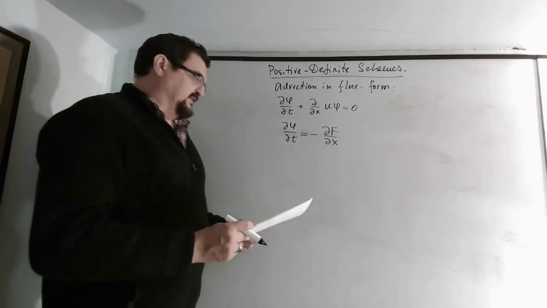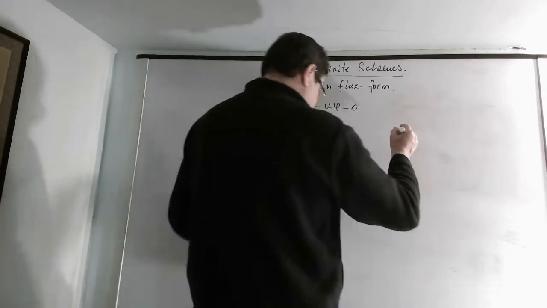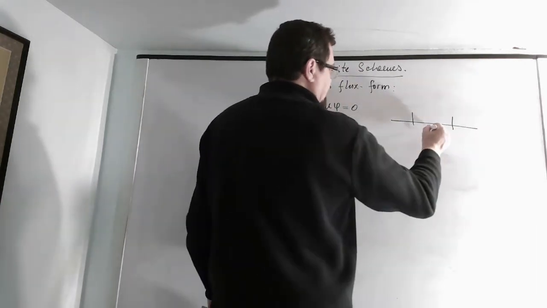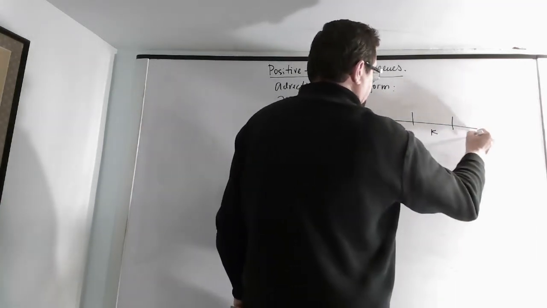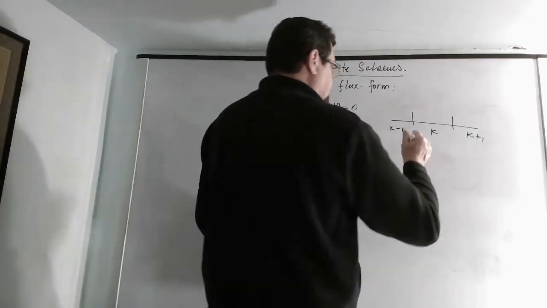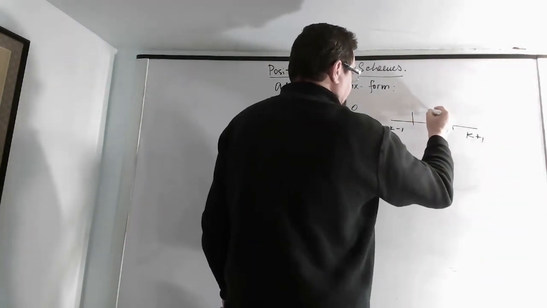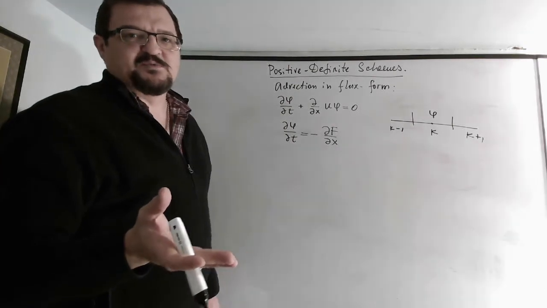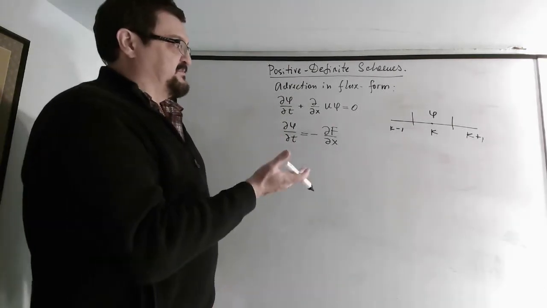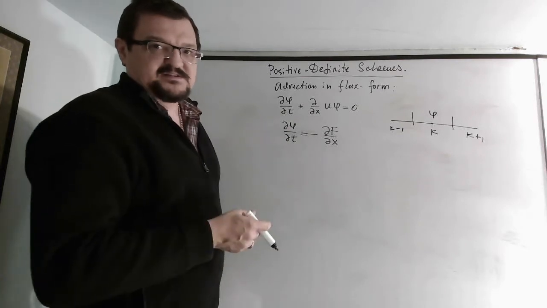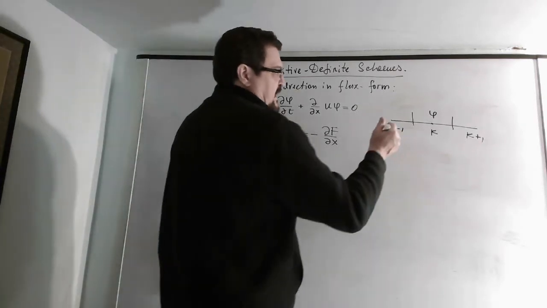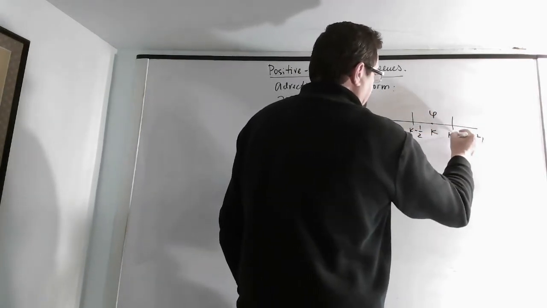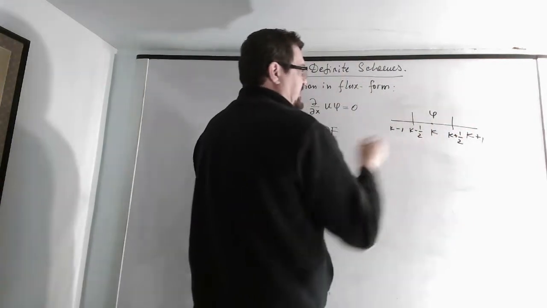So we can write this using second order approximation. For example, we have a cell here, and this cell is k, with k minus 1 and k plus 1 neighbors, and we define our quantity phi in this cell. It's a similar approach to what we used for finite volume in one dimension, but remember finite volume in one dimension is the same thing as finite differences in flux form. Here you define your fluxes at the boundaries, which we denote k minus 1/2 and k plus 1/2.